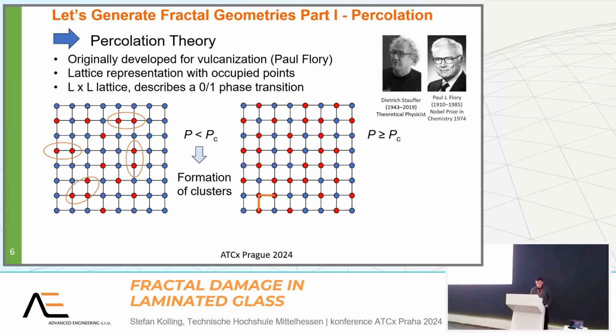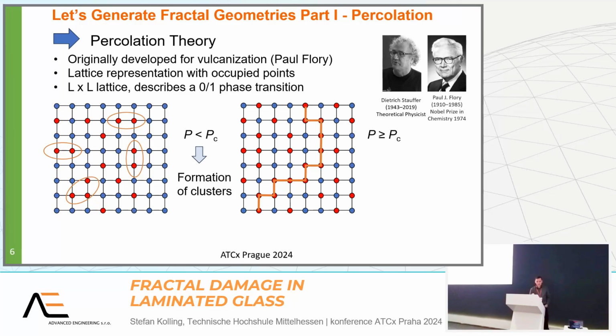If diffusion occurs, as you can see in the lower part, then all the red points are connected to each other, and we leave the lattice at the upper point.